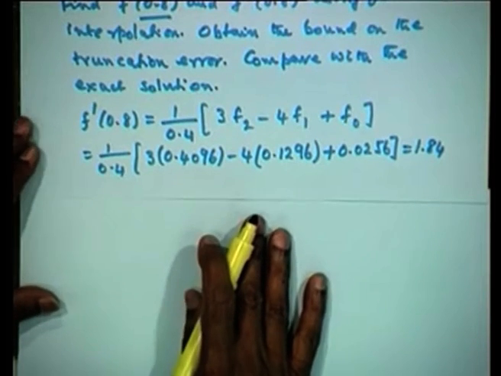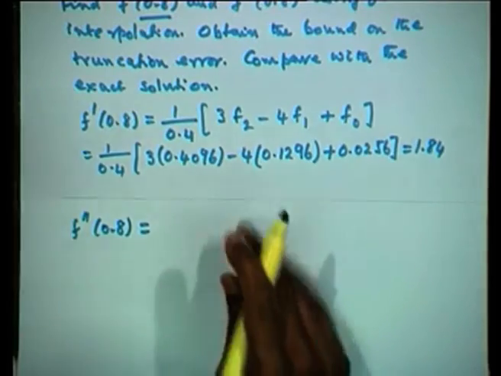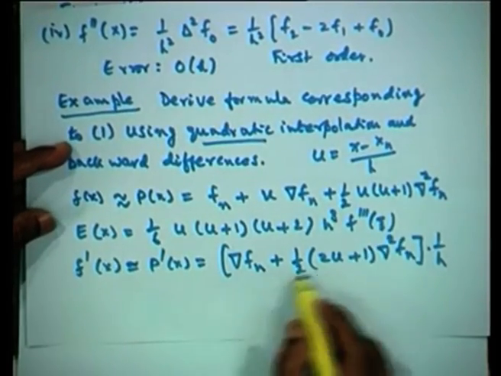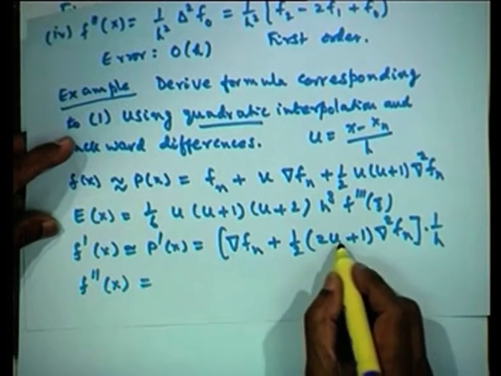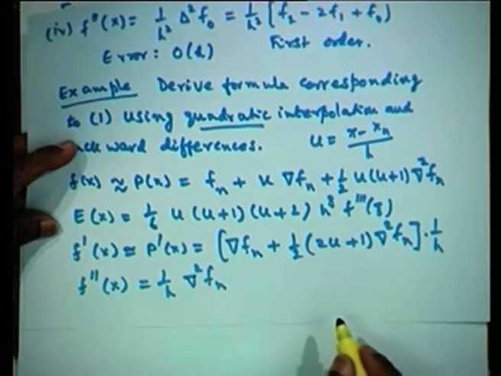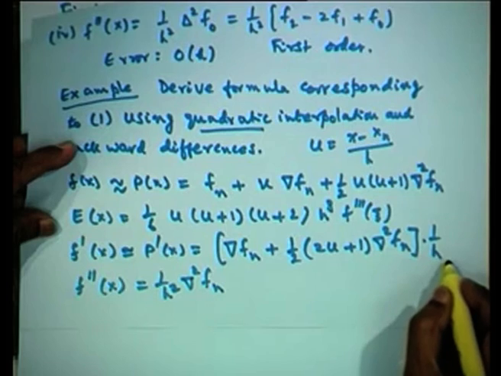Now, I need the second derivative also, f double dash at 0.8. From the previous formula, if I differentiate it once more, the derivative will be 1 upon h delta squared of f n into 1 upon h, therefore 1 upon h square delta squared f n. I am differentiating with respect to u, therefore du by dx will also come.